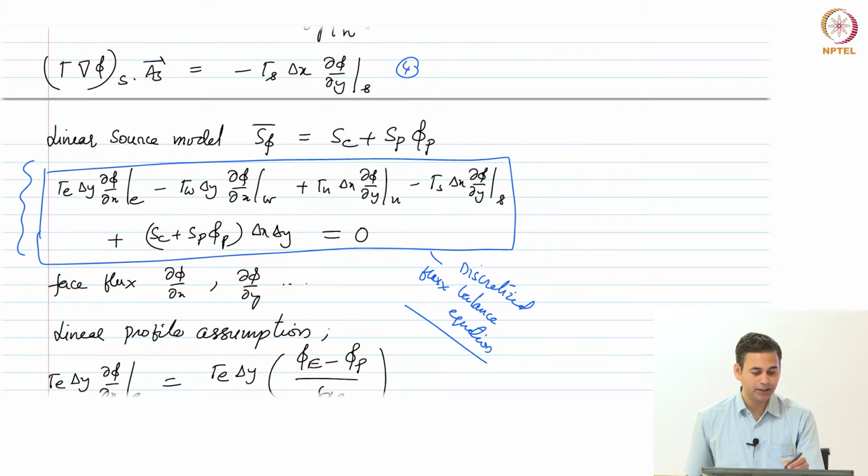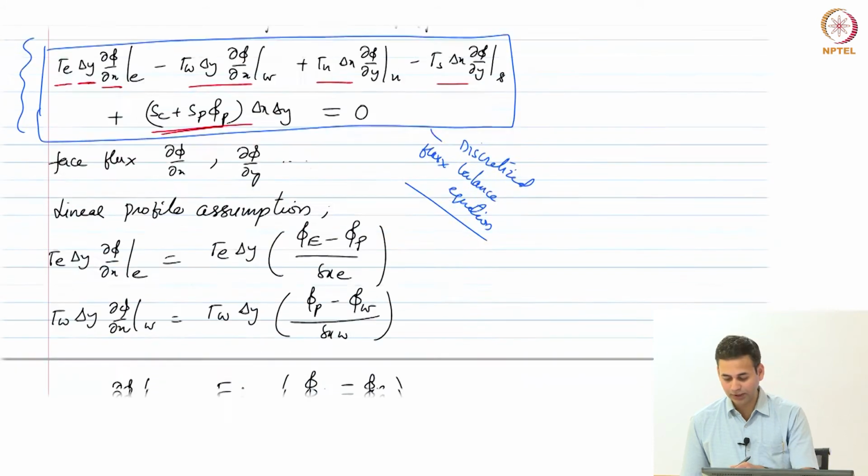It is indicating the flux, that is gamma east times partial phi partial x, times the area. So, flux times the area is balancing the source that is getting generated. That means the flux leaving through the east face minus what is entering through the west face, and whatever is leaving through the north face minus whatever is entering through the south face, is balanced by whatever is generated inside.